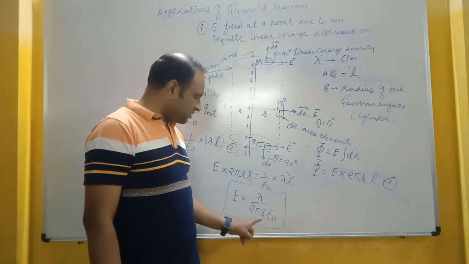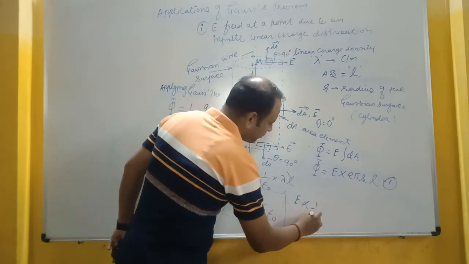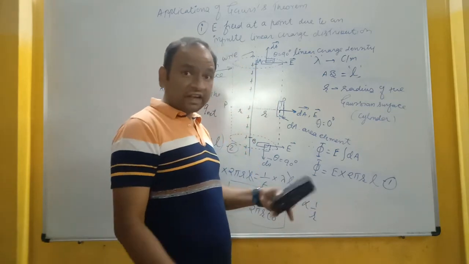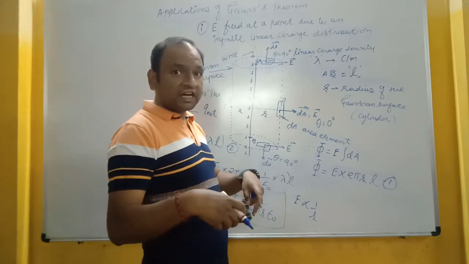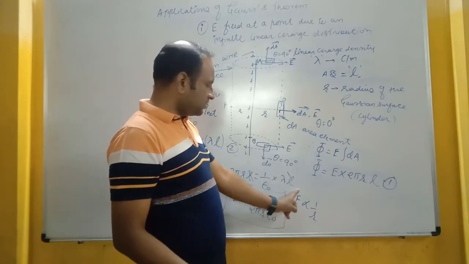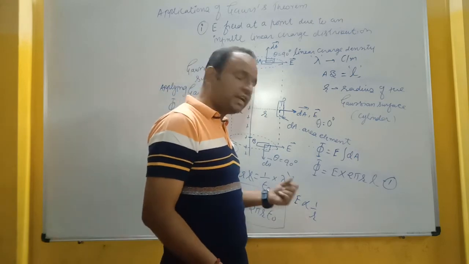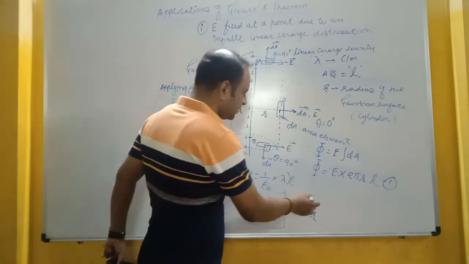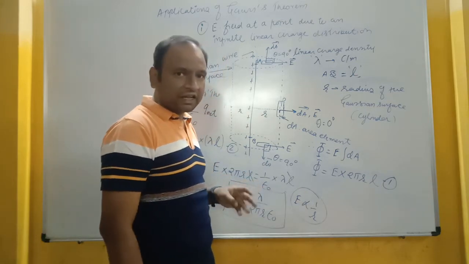So this E is proportional to 1 over R, that is, this E varies inversely as the distance. For a point charge, we have seen E varies like 1 by R square. For an infinitely large linear charge, E varies like 1 by R. This should be kept in mind. Okay, so this E is proportional to 1 by R. Please keep this in mind.